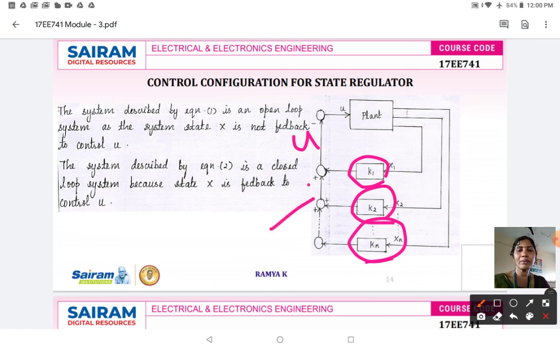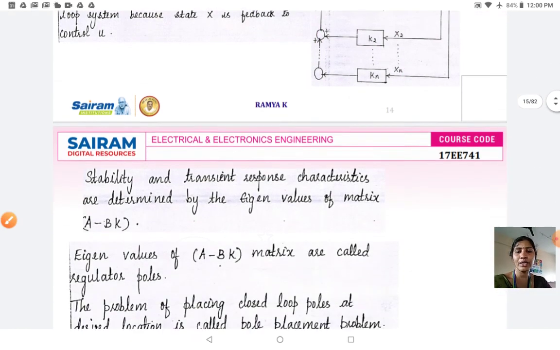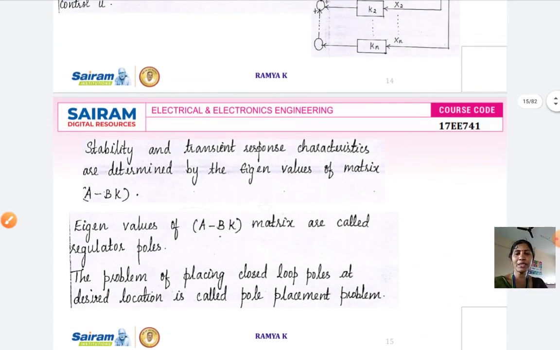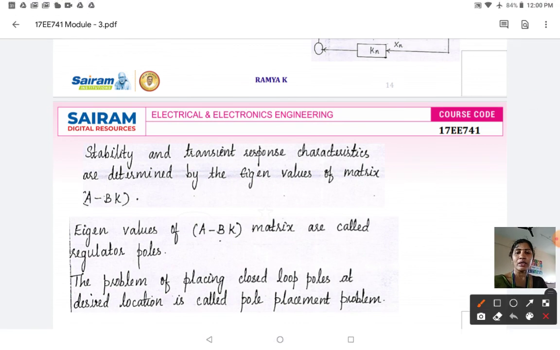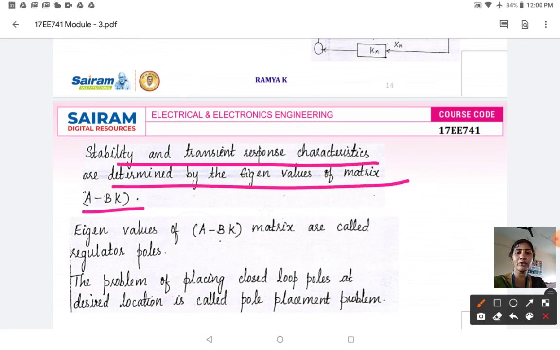This is the diagram representing the control configuration for a state regulator, and the stability analysis can be done. Stability and the transient response characteristics are determined by the eigenvalues of A minus BK. In the case of your open loop system, the stability and transient response characteristics are identified with the determinant of lambda I minus A equal to 0.